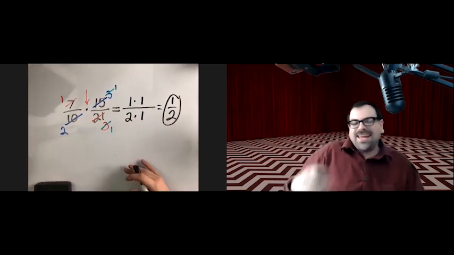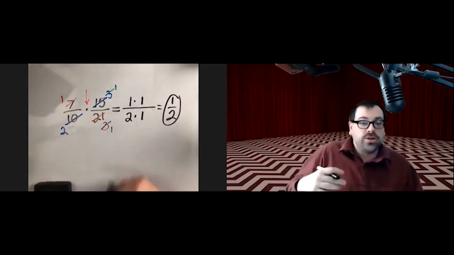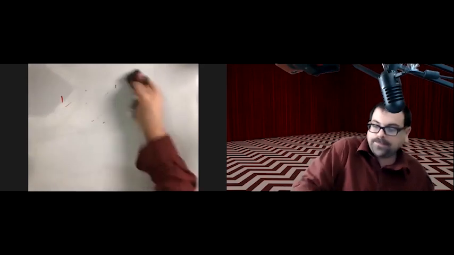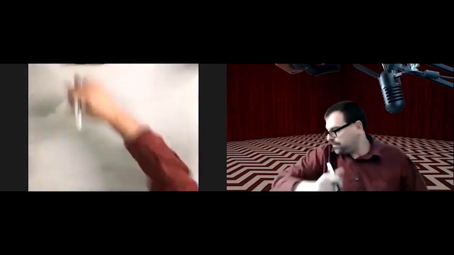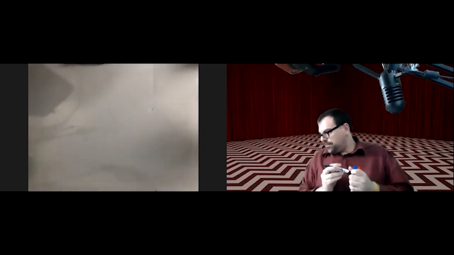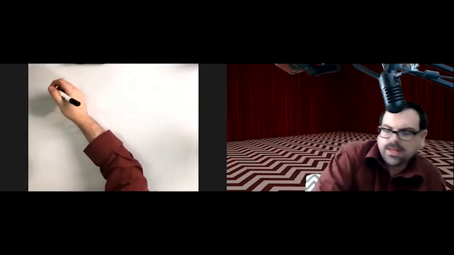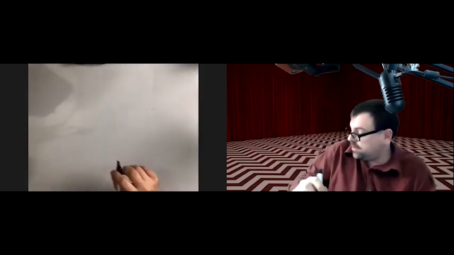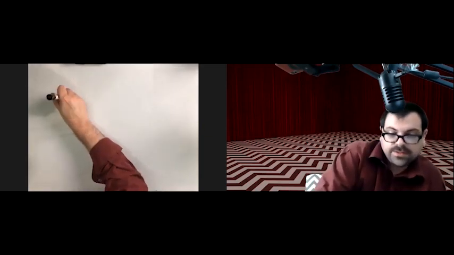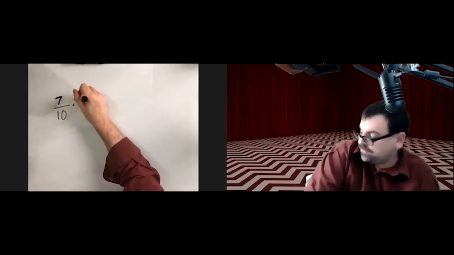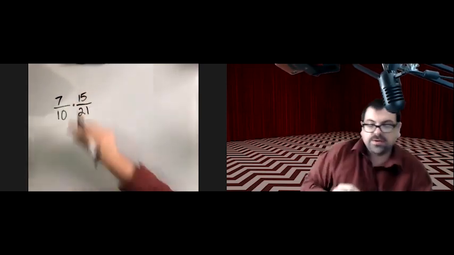And this is how we multiply polynomials as well. Let me show you what I mean. Actually, I do want to show one more thing about that 7/10 times 15 over 21.